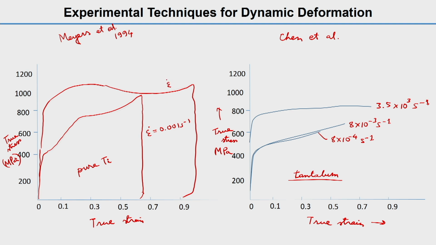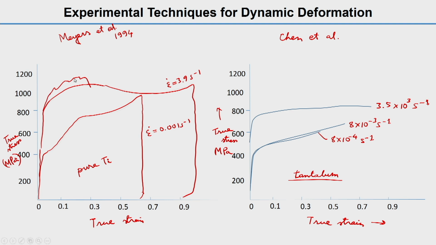This has epsilon dot 3.9 per second. Then two more curves, 5500 strain rate, this will show some fluctuation.